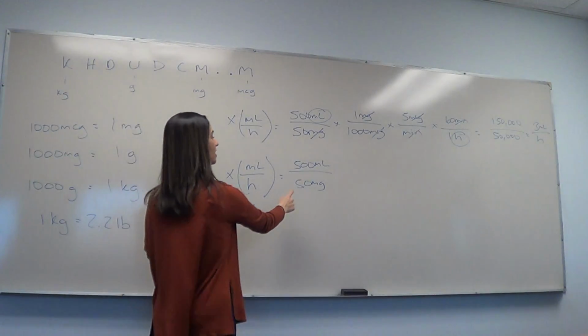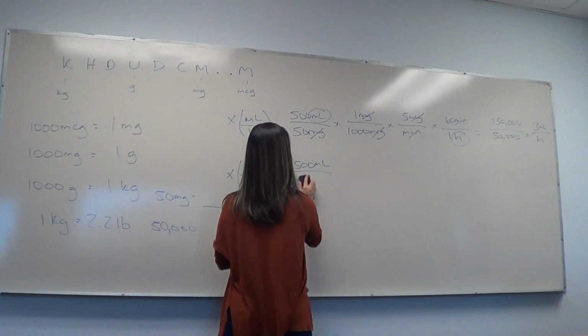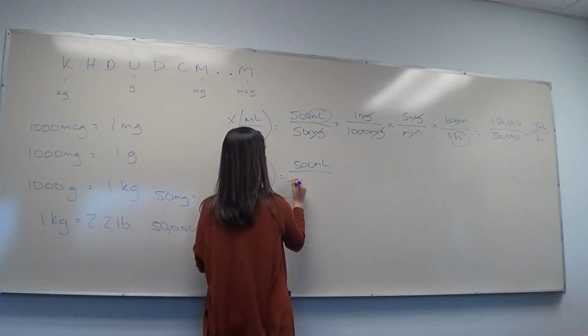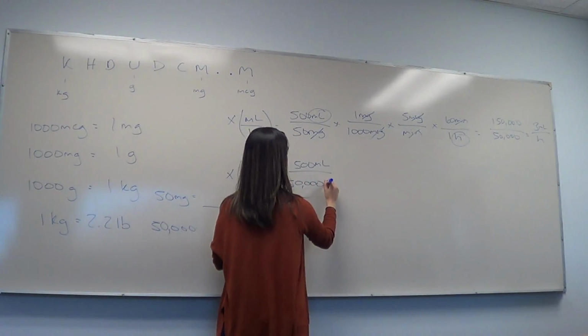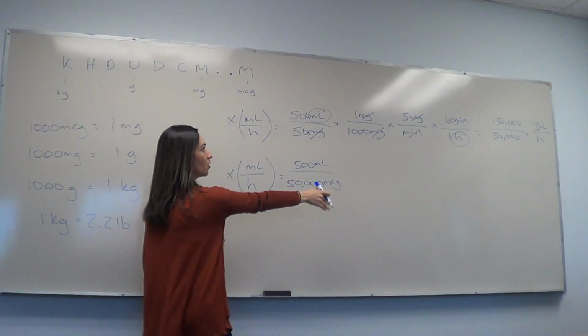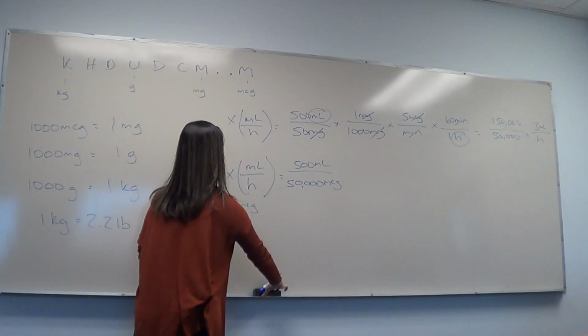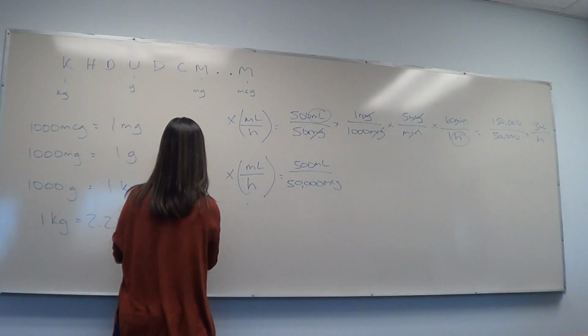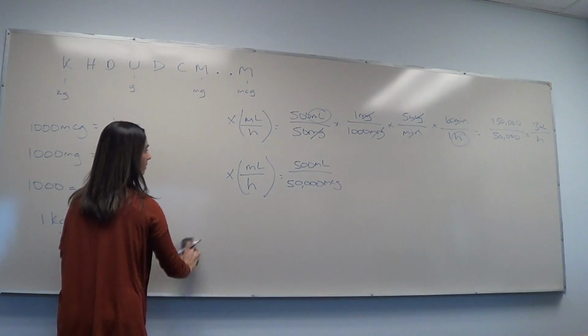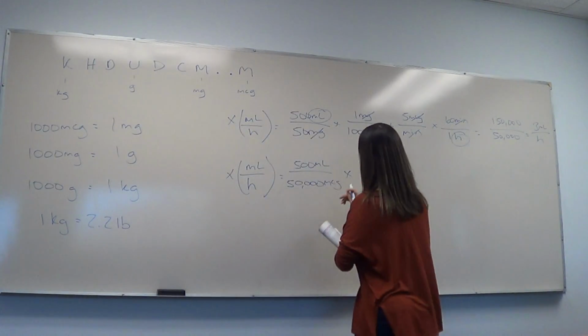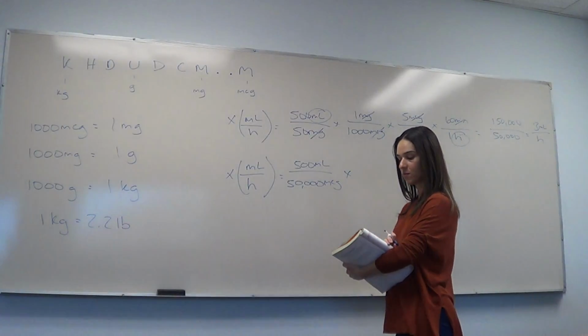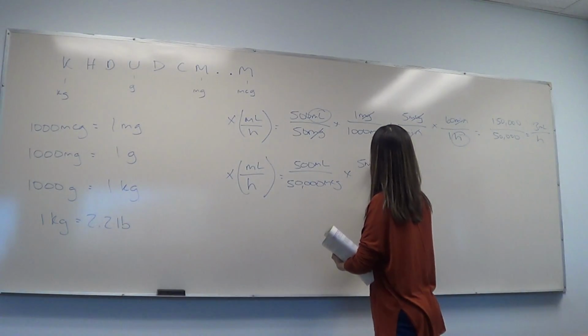So instead of putting the 50 milligrams at the bottom, since you've already converted it, you can go ahead and put 50,000 micrograms at the bottom so you don't have to convert within the problem like I do. And just proceed on like that. And then we need to find micrograms to get rid of. It says we have 5 micrograms per minute.